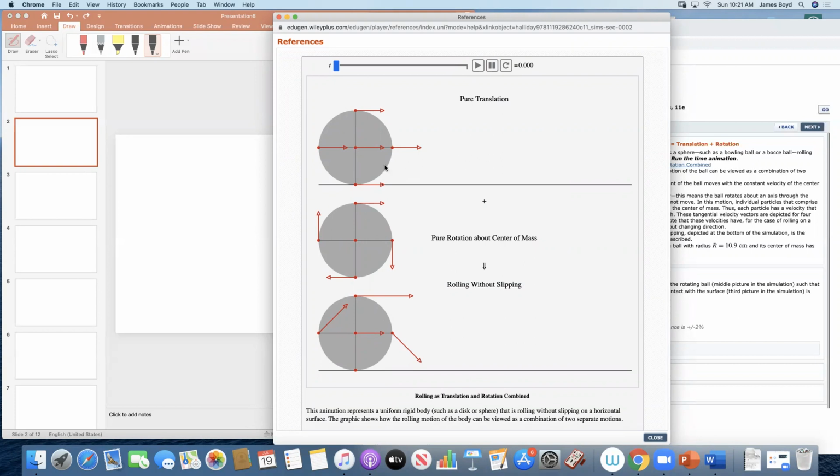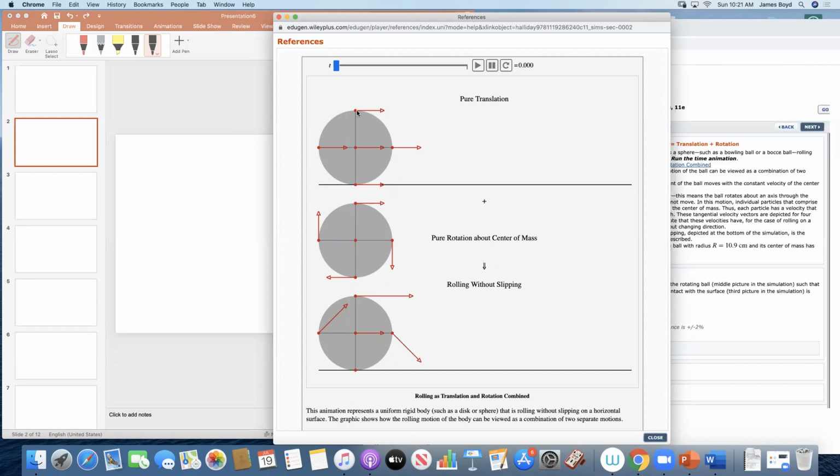So these red arrows in the top picture show the translational motion at different points. Here, this shows the rotational motion at different points. And here it shows a combination of translation and rotation.